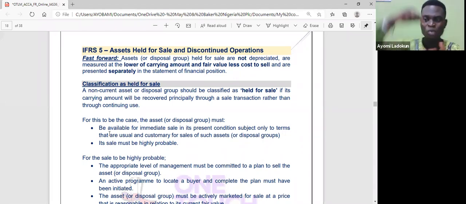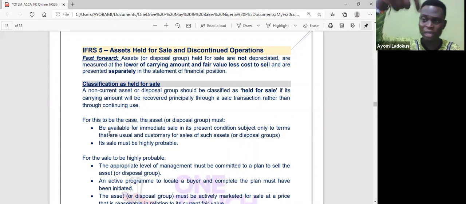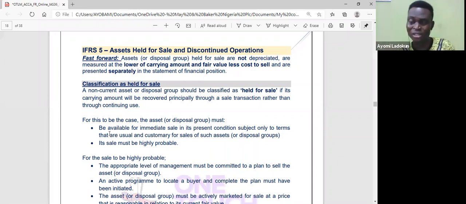That asset is within PPE, property, plant, and equipment. Then one of them I need to classify as held for sale. I will have to remove it from PPE and show it as asset held for sale within current assets, because I need to sell it in the next 12 months. So that's the first thing that will happen.